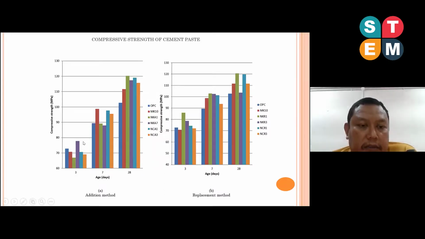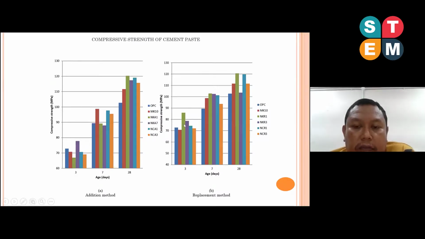For example, at day 3 for replacement, the effect of nanomaterial, represented by nanometakaolin and nanometaclay, achieves around 85 MPa at day 3 for nanometakaolin itself.